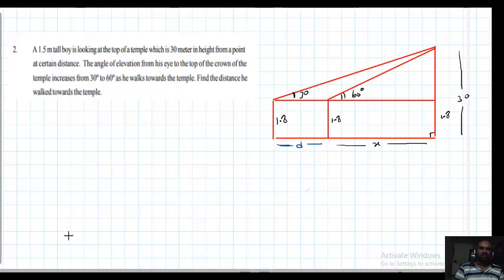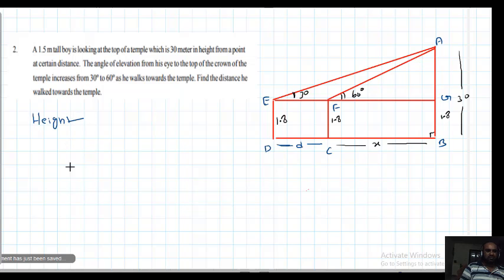Now I want to give names for this: A, B, C, D, E, F, G. First of all, the height of the observer or person, the height of the boy, is equal to DE, equal to FC, equal to GB, equal to 1.8.